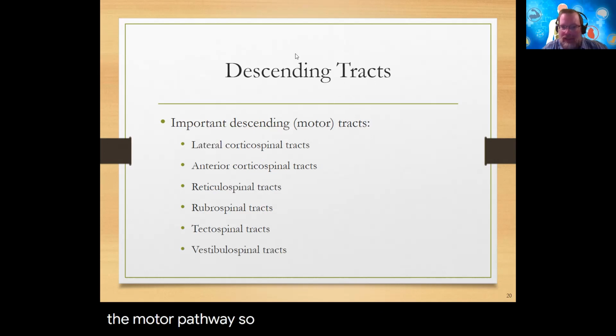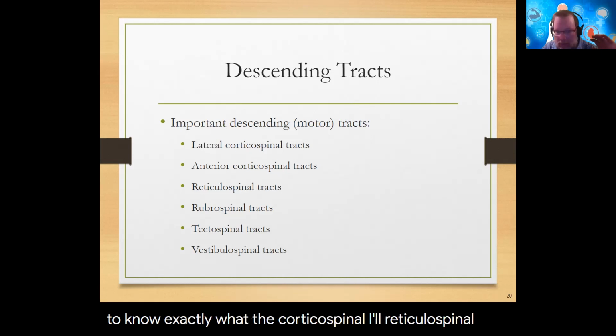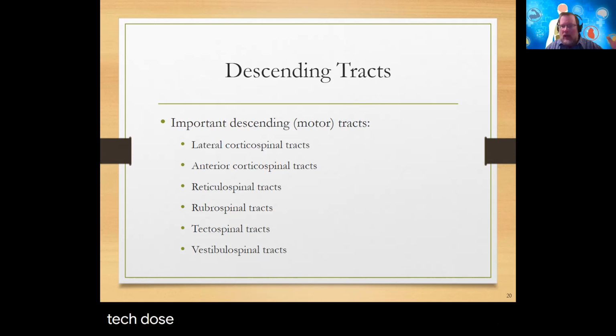So notice descending tracts end with spinal every single time. So if you're ever given a list of terms on an NCLEX or on a TEAS exam, we're not asking you to know exactly what the corticospinal, reticulospinal, tectospinal, or vestibulospinal tracts do, we're not asking you to know specifically what each of these do.